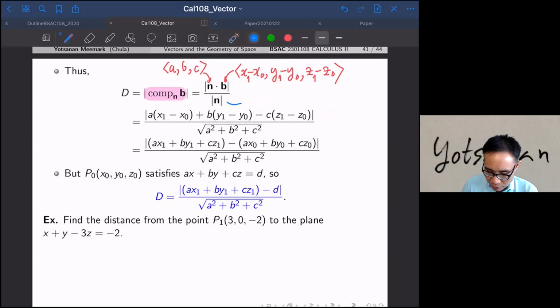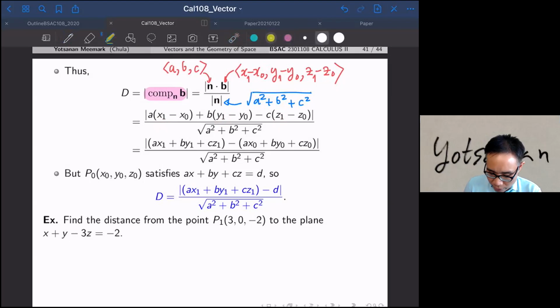Okay, so this will be just the square root of a squared, b squared, and c squared. In this case, you can simplify this a little bit by gathering x1, y1, and z1 together into one term.